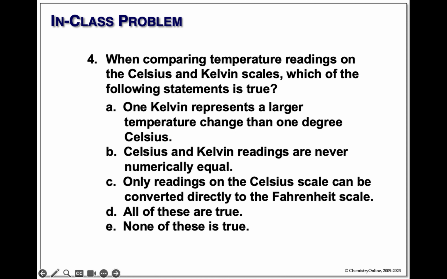Centigrade and Kelvin are never numerically equal. How could they be equal if Kelvin is always 273 higher? They can never be the same. Only readings in centigrade can be converted to Fahrenheit. That's stupid. So B is our correct answer.